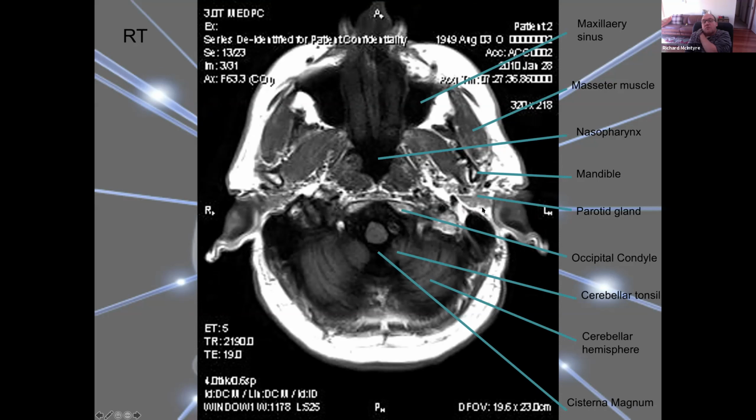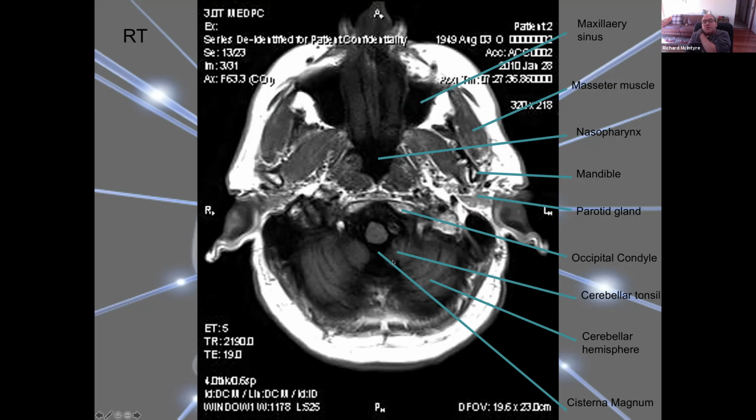Again, our salivary glands. Condyles on MRI, or bones on MRI, are generally bright when they have fat in them, which makes sense because fat's bright on this weighting. Whereas the cortex of bones don't have any fat in them. We image hydrogen protons. They don't have any hydrogen in them, so they're dark.